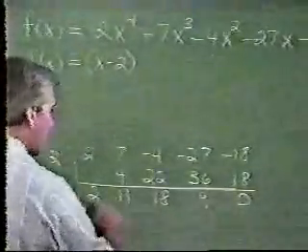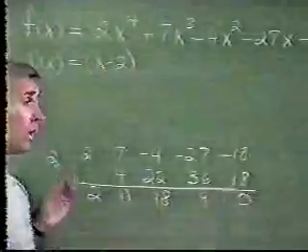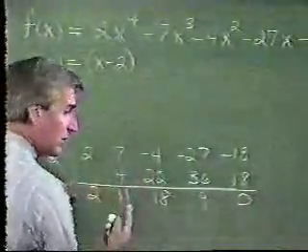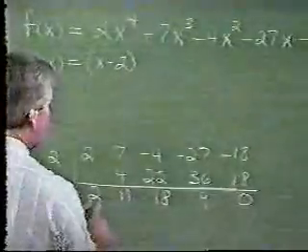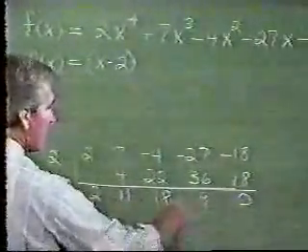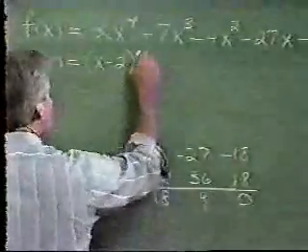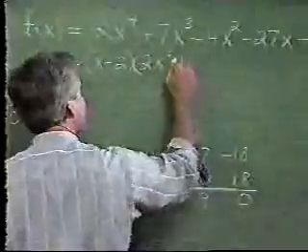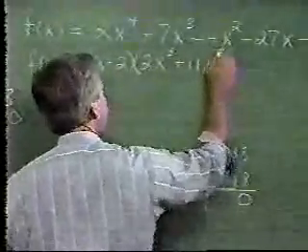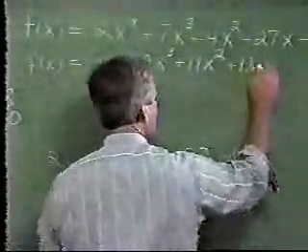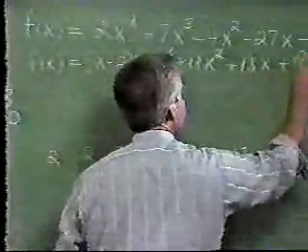Now remember that the polynomial being described here is 1 degree smaller than the polynomial we were dividing in originally. So this is a third degree polynomial, and it will be 2x cubed plus 11x squared plus 18x plus 9.